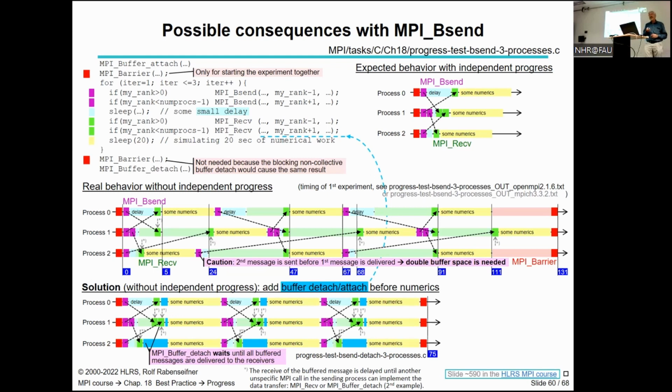They wait until the other process has already finished its communication, so that the next MPI call will be done. That's, in principle, the problem of not having asynchronous progress. And to tell this story, in principle, also to the users of the MPI standard.